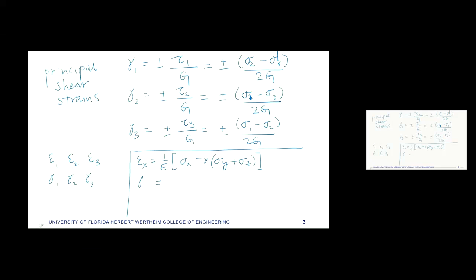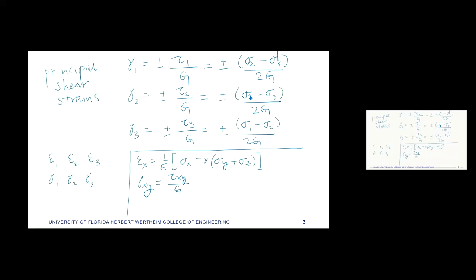So we're going to say gamma xy. That is the shear strain along x due to a shear stress in the y, and we're going to say that that is tau xy divided by shear modulus.